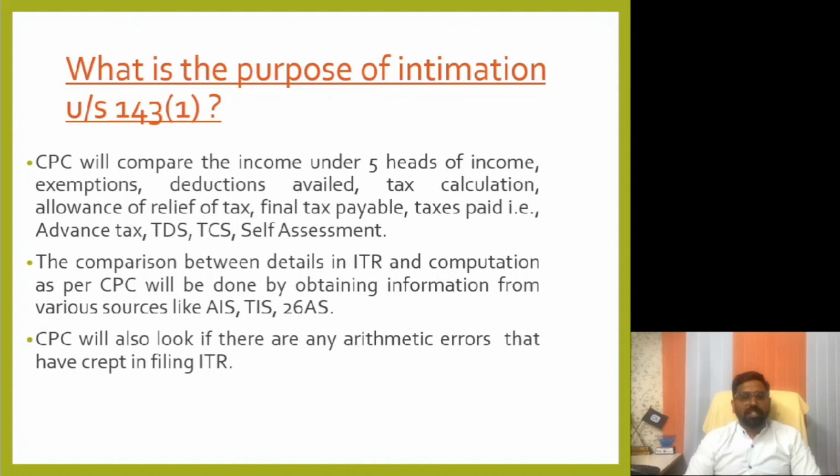It will also check the exemptions and deductions that have been availed by income tax return filers, tax calculations made, allowance of relief of tax, and arriving of final tax payable. This tax payable will be compared with taxes paid such as TDS, TCS, advance tax, and self assessment tax.